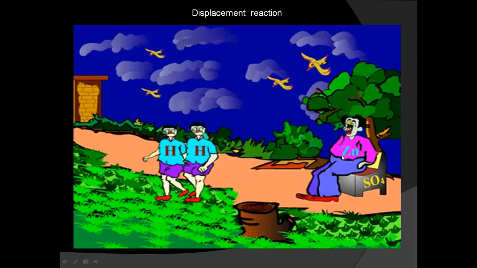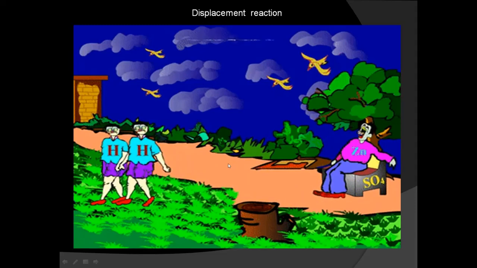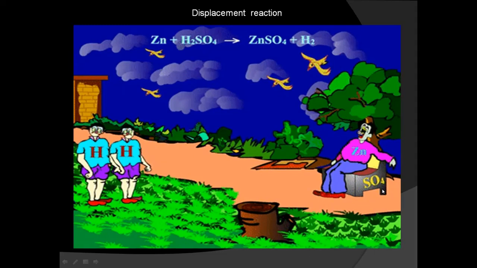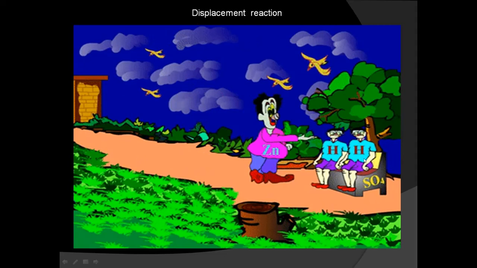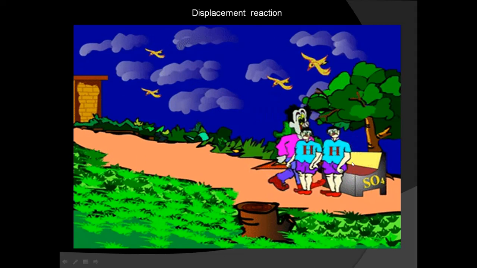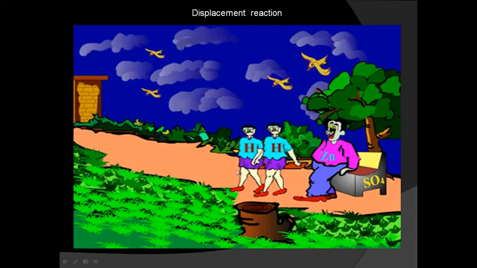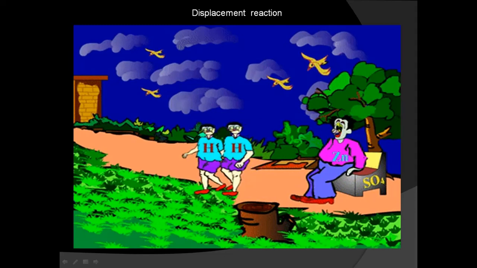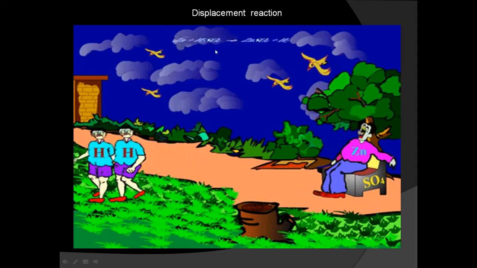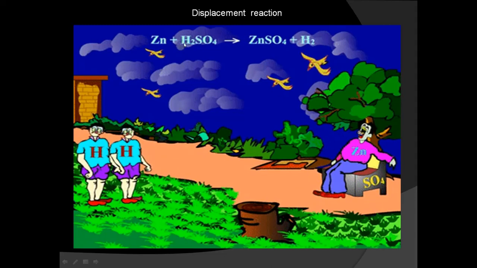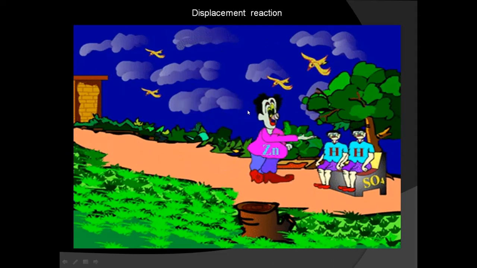So what has this zinc done? It has come and displaced hydrogen from its place, and it has occupied the place of hydrogen. Just observe here, zinc is asking hydrogen to get up. Now zinc is displacing hydrogen and occupying its place. So what has happened here? Zinc has reacted with sulfuric acid, H2SO4, and displaced the hydrogen.